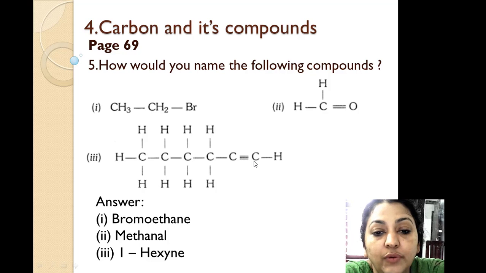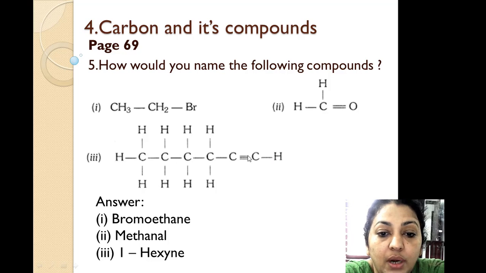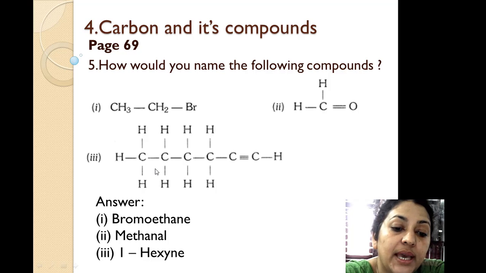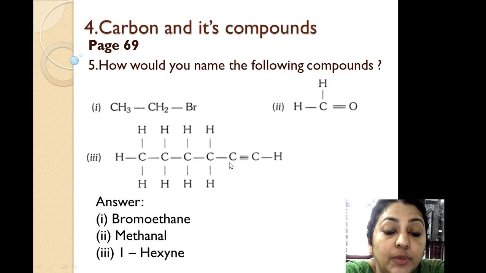So we have to count from this side, like 1, 2, 3, 4, 5, 6. So this is the first carbon. On the first carbon, the triple bond is coming. Therefore, it is 1-hexyne. Total 6 carbon atoms are there. Therefore, it is hexyne.